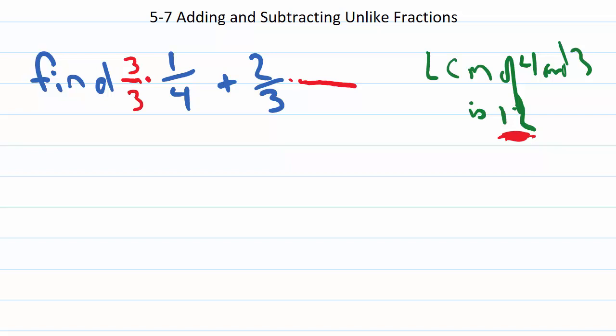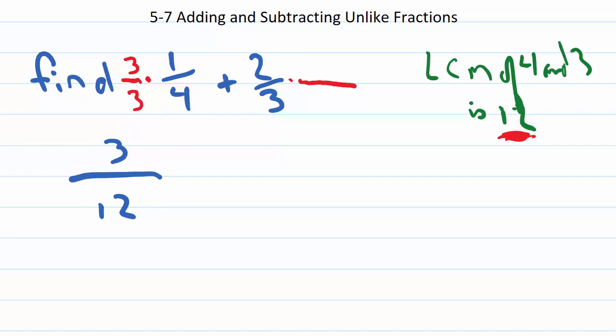Multiplying fractions, I multiply the denominators, 12, and multiply the numerators, 3 times 1 is 3. Notice that 3/12 and 1/4 represent the same value. In fact, if I reduce 3/12, taking out a factor of 3 on the top and bottom, I'd be left with 1/4.